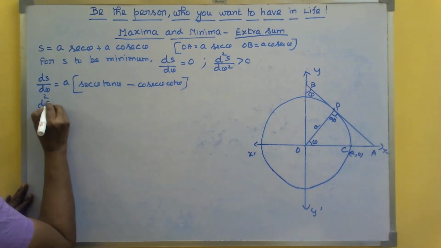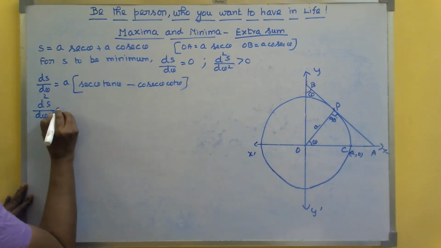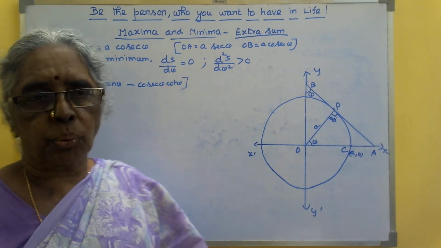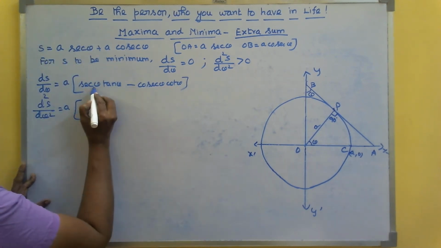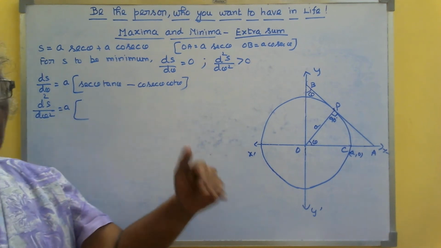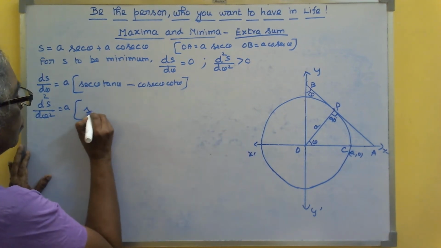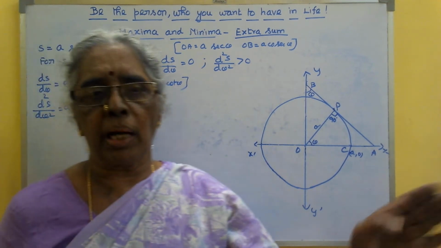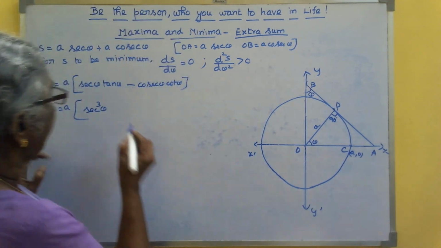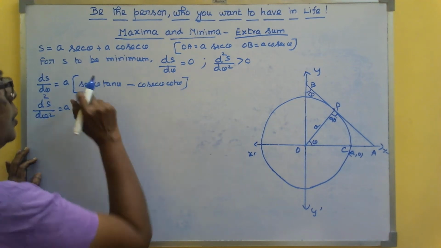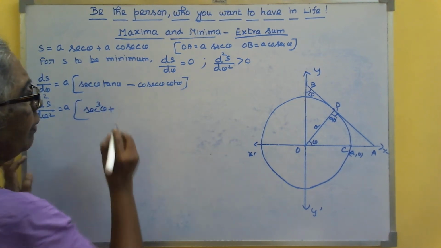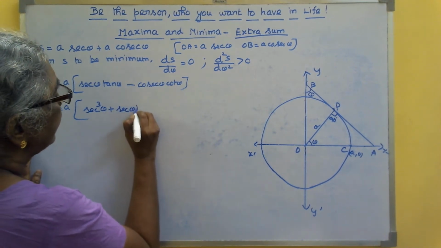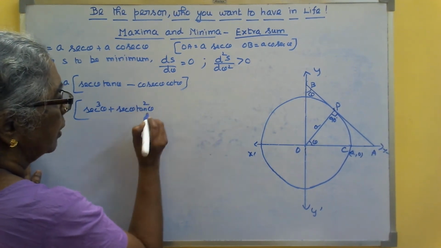Let me find out the second derivative also. A is out. Here one product rule and here one product rule. So secant theta into, for tan theta it is secant square theta, so I will be getting secant cube theta. Okay, I am using the formula uv dash plus vu dash. Then plus tan theta into, for secant theta you will again get secant theta tan theta, so that will be secant theta tan squared theta.